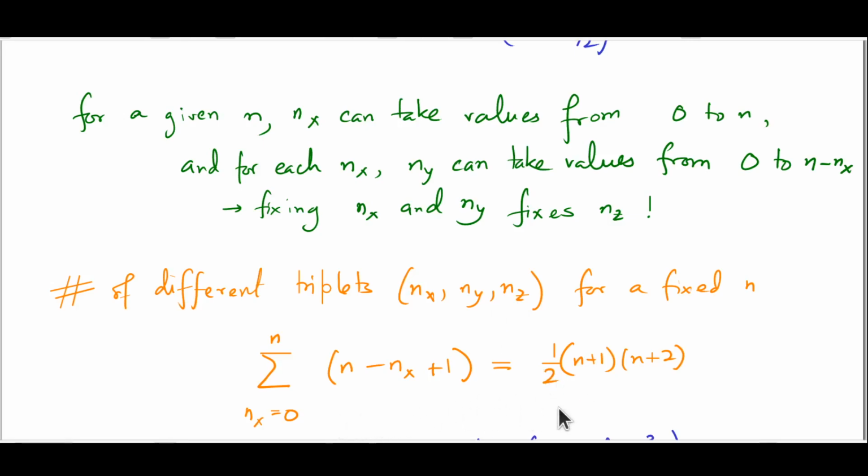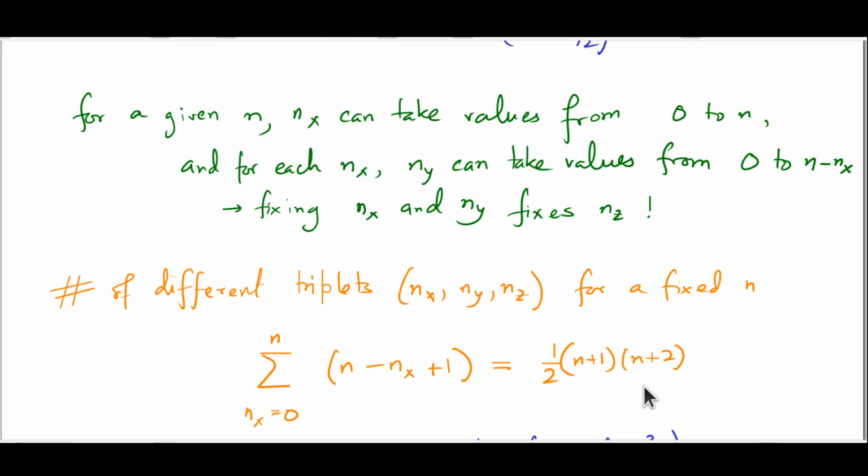And this sum is really very easy to work out. Takes class 12 level algebra, and you can easily show that the number of different energy eigenfunctions that you can have for a particular energy level given by this n is half into n plus 1 into n plus 2.